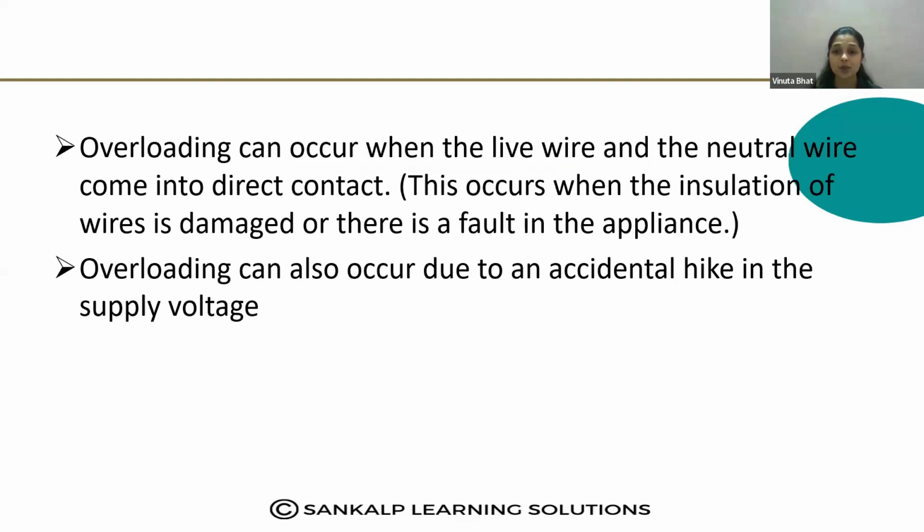This occurs when the insulation of the wires is damaged or there is a fault in the appliance. Overloading can also occur due to an accidental hike in the supply voltage.